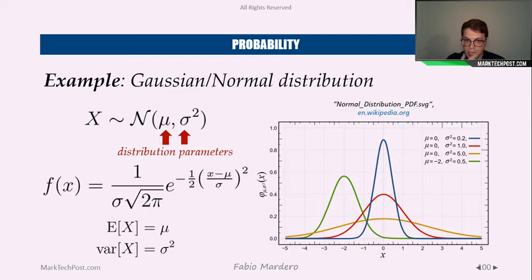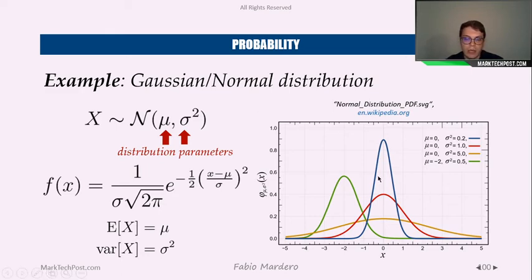So another example of this Chebychev inequality can be applied with Gaussian or normal distributions. Here we write x as a normal distribution with these two parameters, as I anticipated. The mu parameter is the mean, and sigma squared is the variance, whose square root is the standard deviation. That's a property of the Gaussian distribution that I will not prove here.